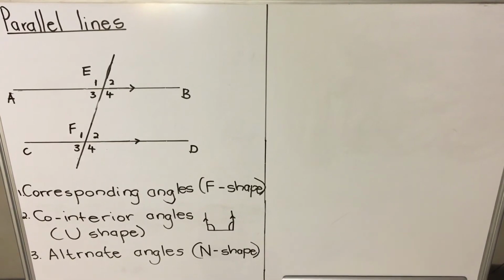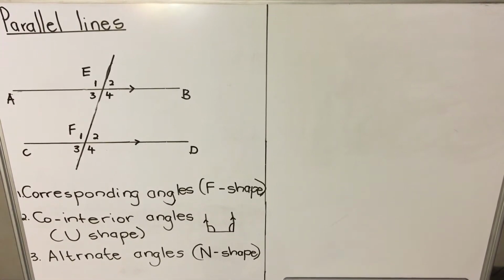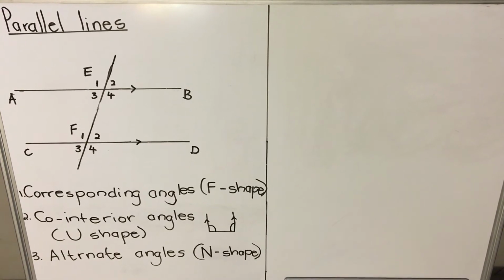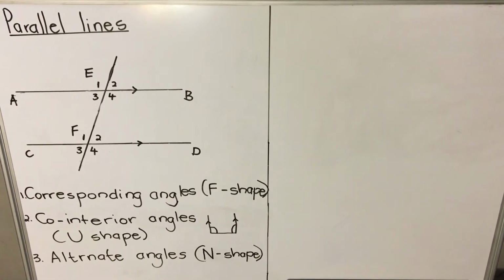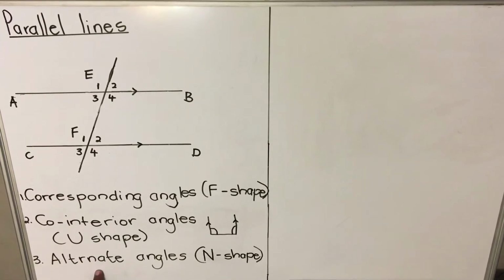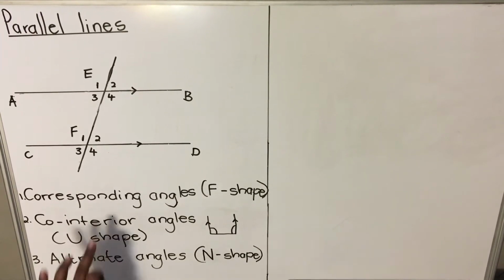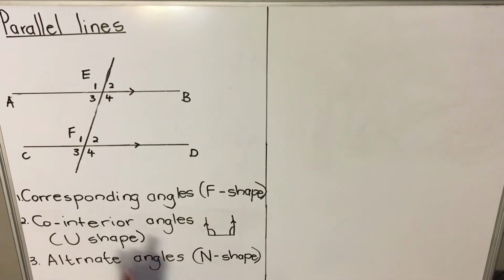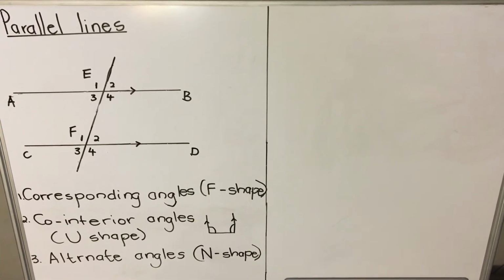They are supplementary. Supplementary means they add up to 180. They are not like the corresponding angles, they are not like the alternate angles. Those are equal. Co-interior angles are not equal.